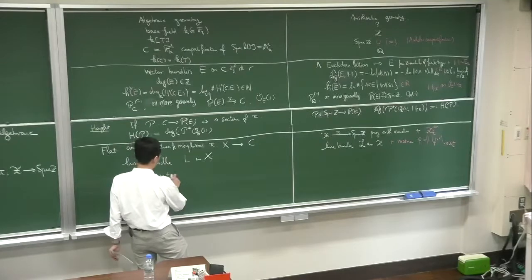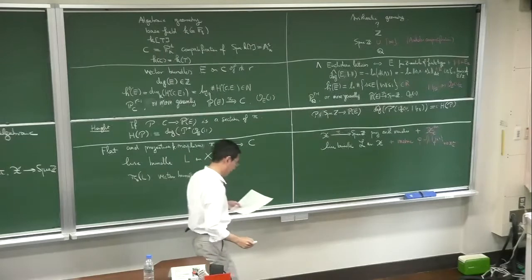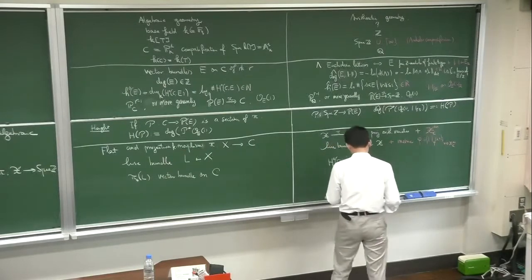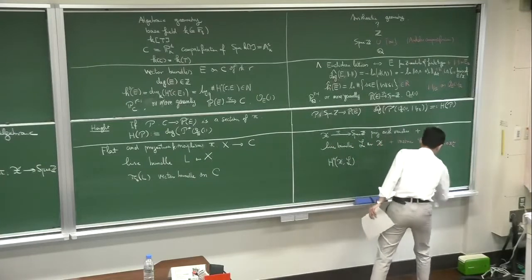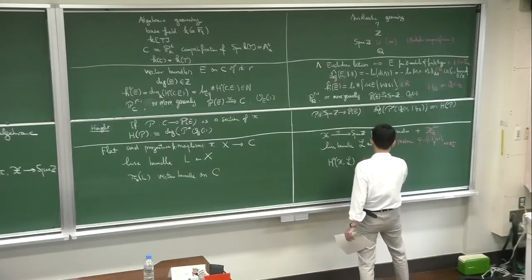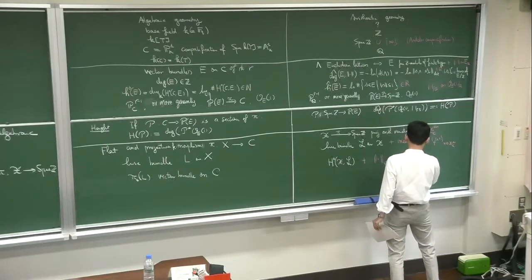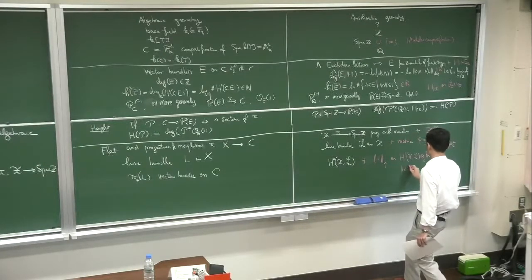That will produce some vector bundle on C, and such a construction will correspond to taking the global sections of L. And then you take a norm, the sup norm. This norm is defined as follows.